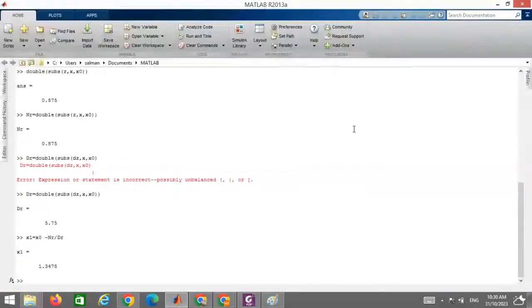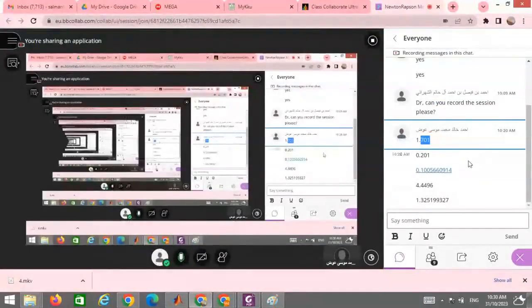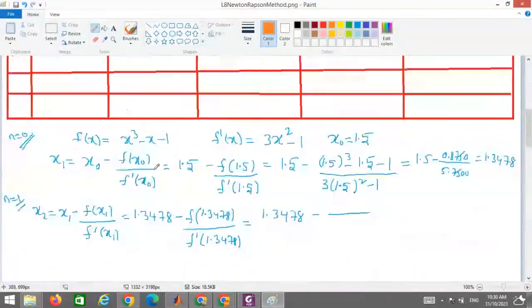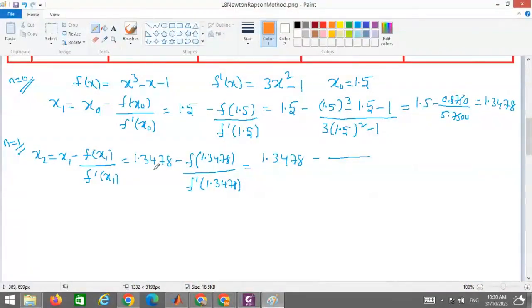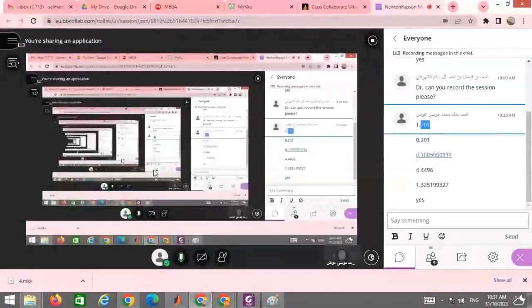So all of you understood this first iteration? How we calculated the first iteration? Yes, great. Now let's go for the second iteration. For the second iteration, I will directly put the answers from the calculator here, and the calculator for me in this session is MATLAB, so that you can also see the results.